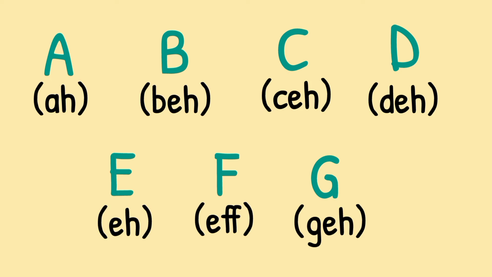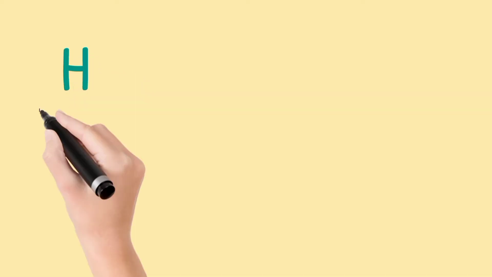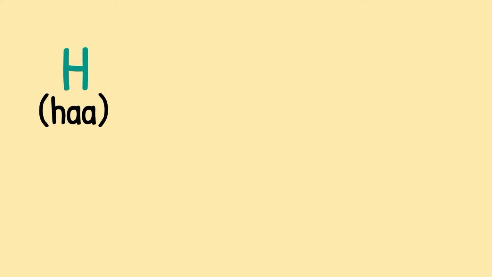You just have to learn the pronunciation. Some letters are different, but some are completely like English. Let's start the next one. It is H. In English it is H, and in German it is ha.